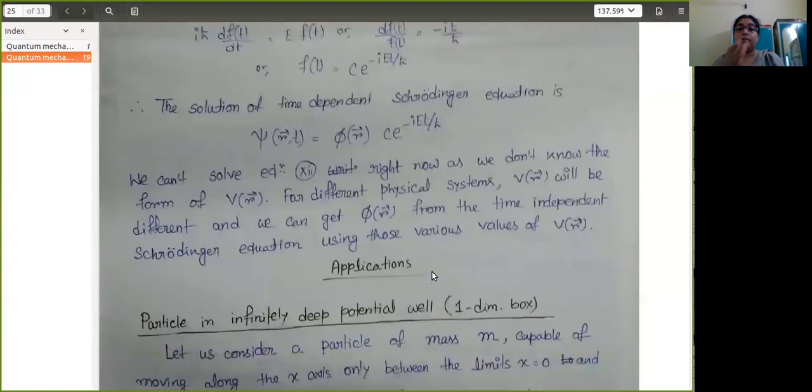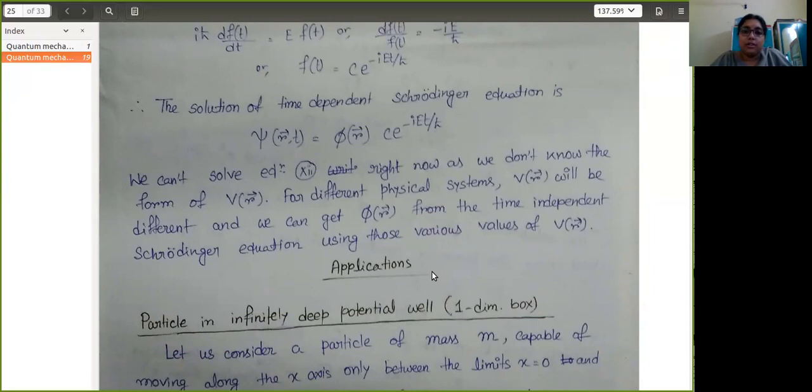Now we cannot solve equation 12, the time independent Schrodinger equation, right now directly, because we don't know the form of V. So we don't know anything about the potential. Depending on different physical systems, V(r) will be different, and as a result the wave function φ will also be different for different V's.